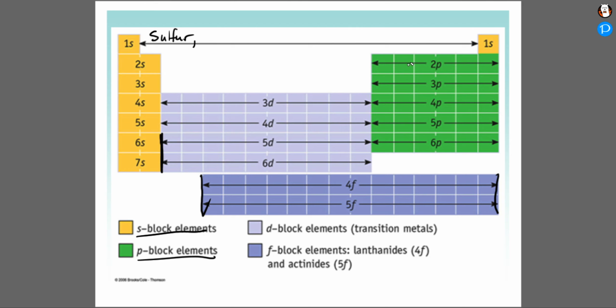Sulfur would be right here on the periodic table. So we're going to count our way to sulfur, and write out the electron configuration as we go. Starting right here at the first energy level, 1s, this sublevel would be full, right?